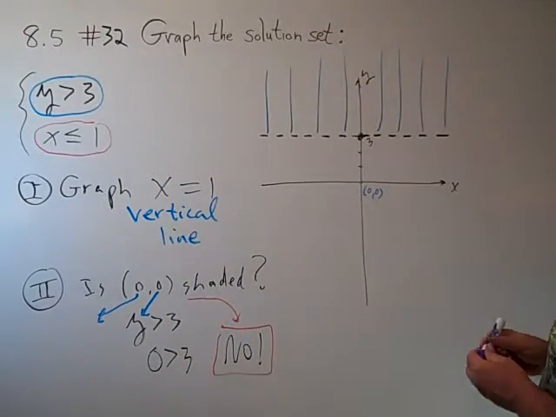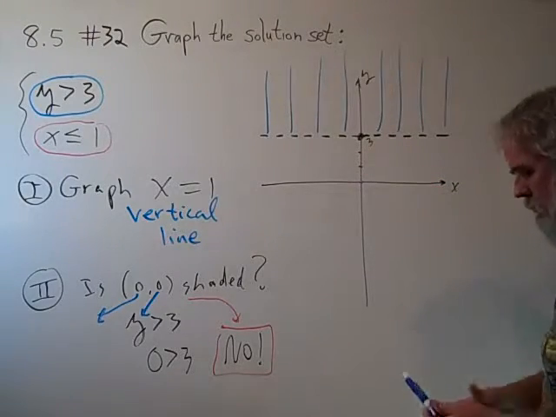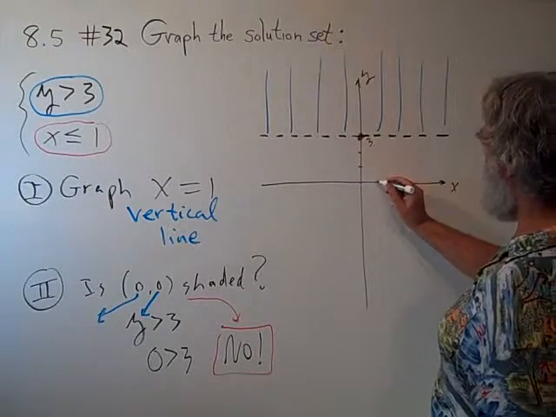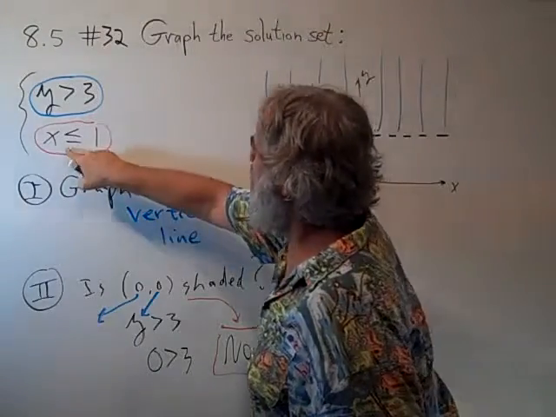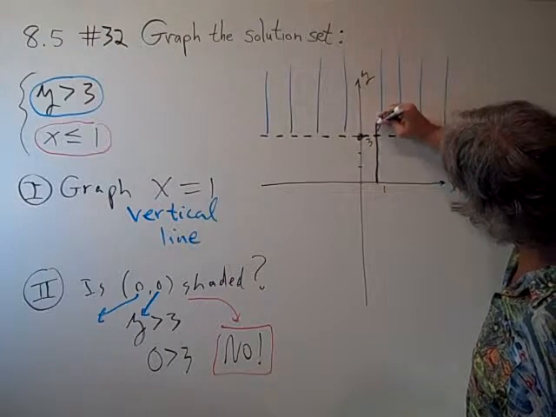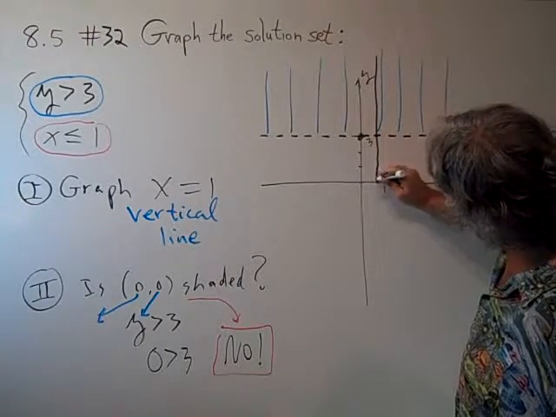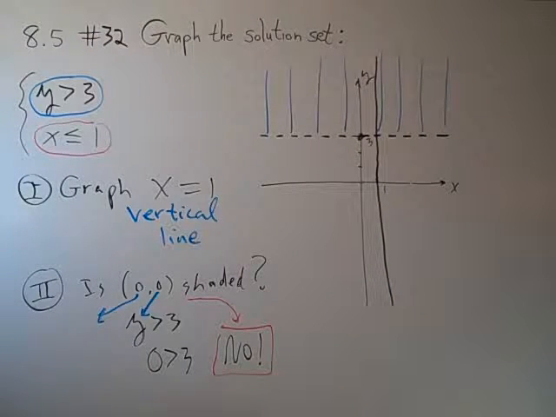So it's the vertical line that cuts through the x-axis at x equals 1. So here we are at x equals 1. And this vertical line will be a solid line because we're including the points on that line. So there's the vertical line, x equals 1.